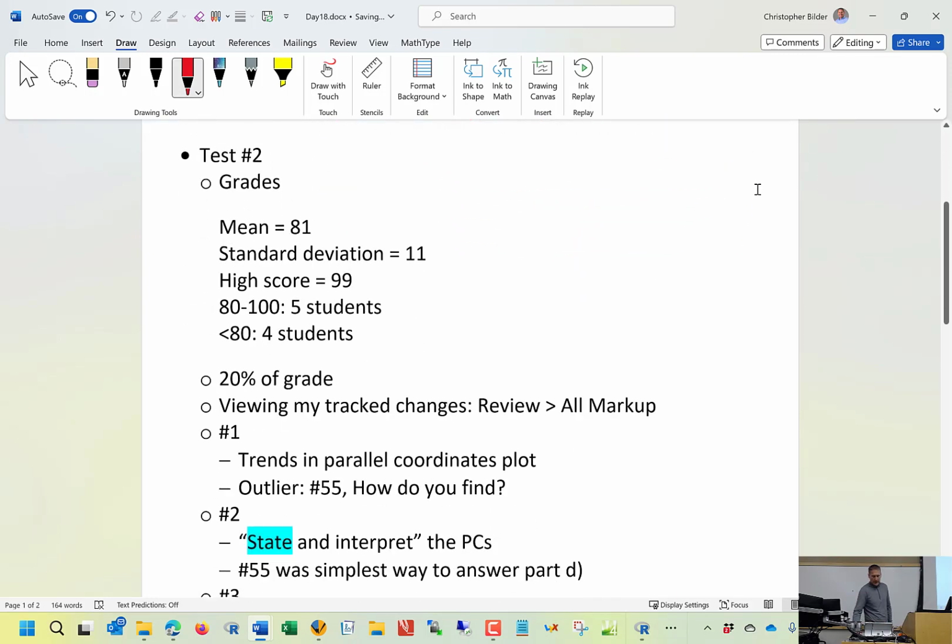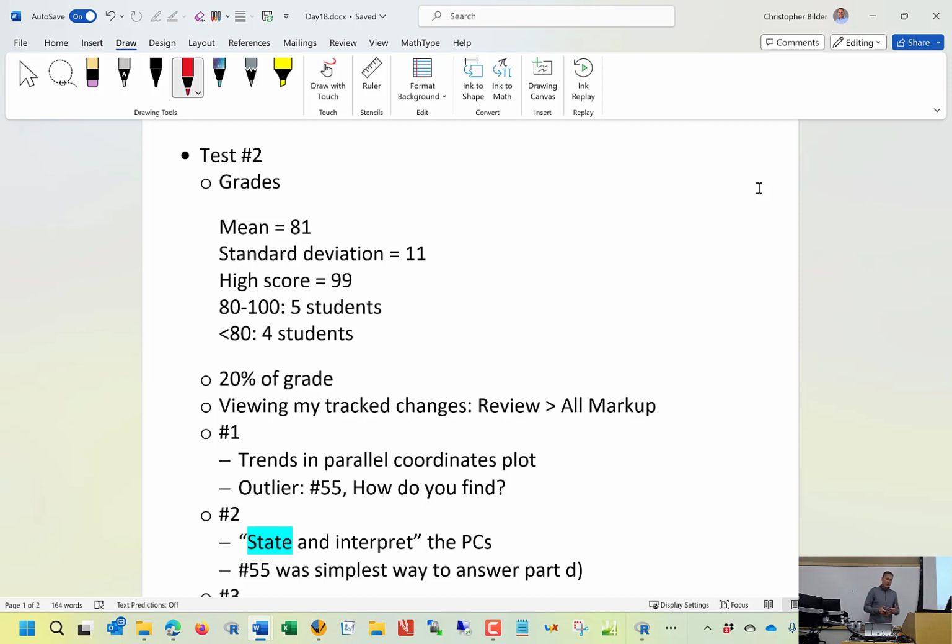Okay. So test number 2, here's a grade distribution that I posted to the course website for the discussion board. Average score was 81. 5 students with a grade above 80%, 4 below. Now obviously there are some students here that probably are not satisfied with their grades.